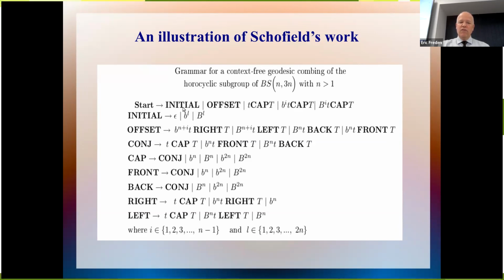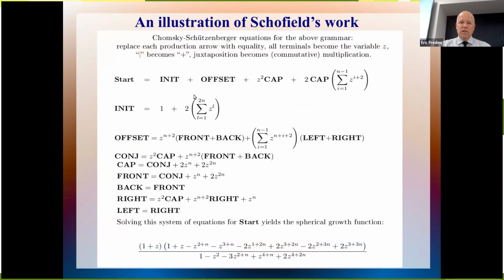So the boldface here are grammar variables. Offset of the grammar variable, cap is the grammar variable, and so on, and the lowercase letters are the group elements. She came up with this, visualized this in her head for each one of these BS(P, Q), like I said, there's like 12 or 15 different cases. Did it all in her head, and then we can turn it, by a theorem, into a set of equations, the solution of an algebraic function.